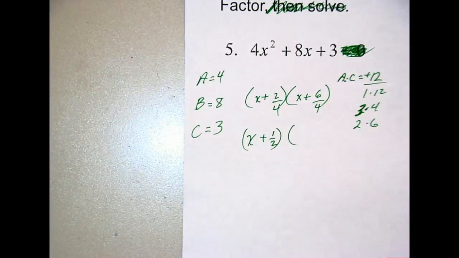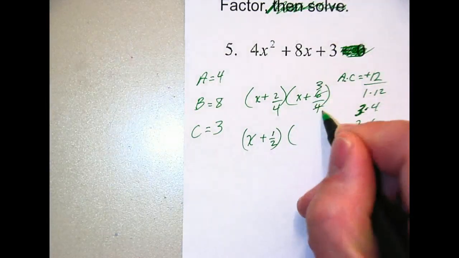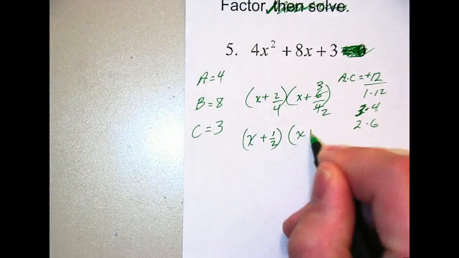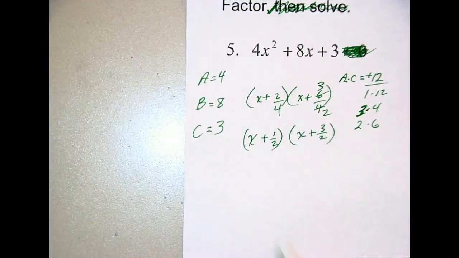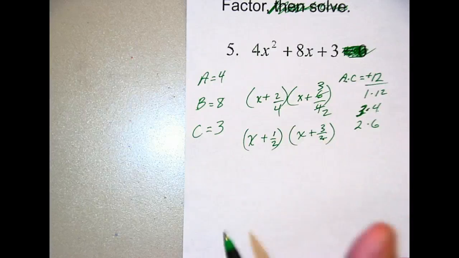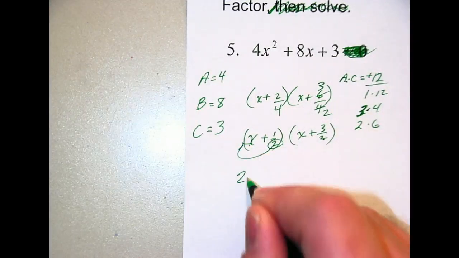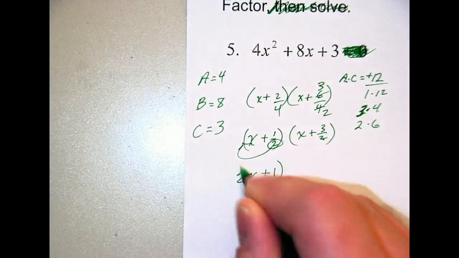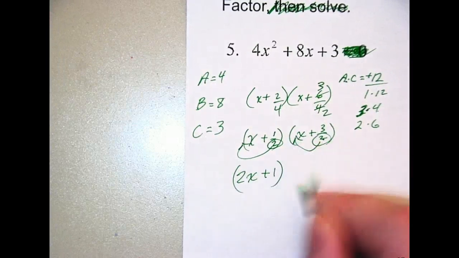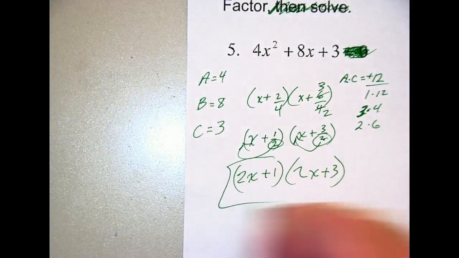Other than 1, what's the next number that goes into 6 and 4? 2. 2 goes into 6 3 times and into 4 2 times, so it's x plus 3/2, so we reduced it. And now what do we do with this denominator? Good, we move it over to the x. Okay, we get 2x plus 1 and 2x plus 3. We have now factored it.